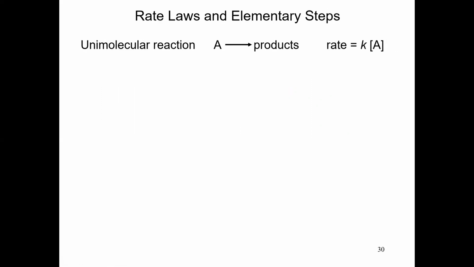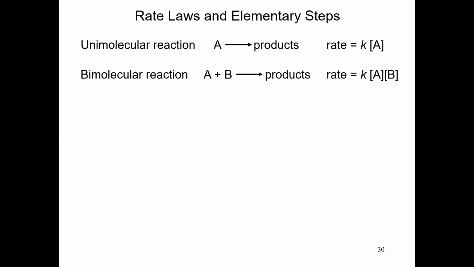The rate will be equal to k[A]. Bimolecular, of that, you'll have rate equals k[A][B], the concentration of both. This kind of reaction is dependent on both concentrations, the concentration of each one.